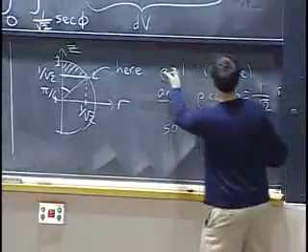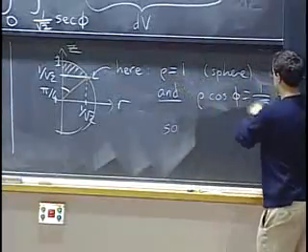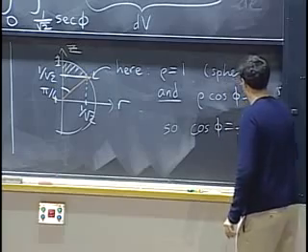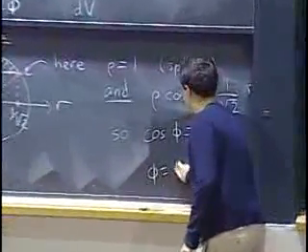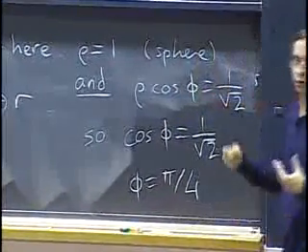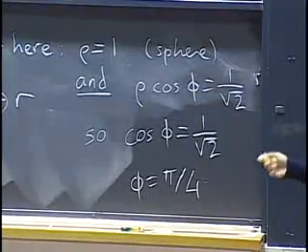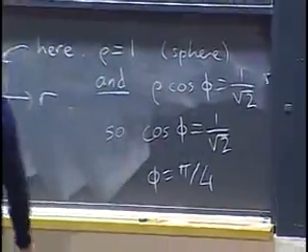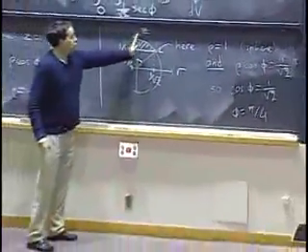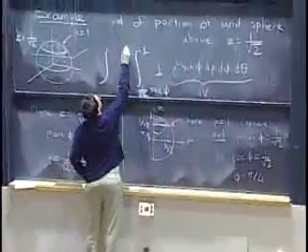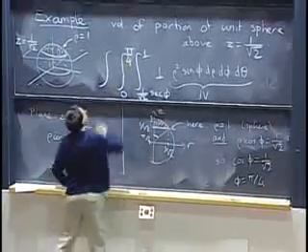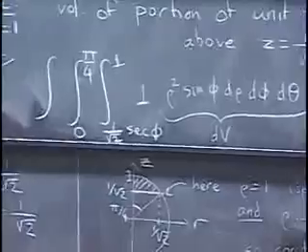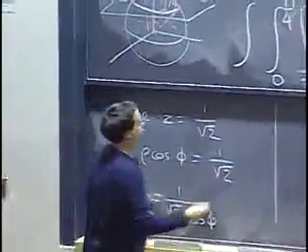So if you plug rho equals 1 into here, you get cos phi equals 1/√2, which gives you phi equals pi/4. That's the other way to do it. You can do it either by calculation or by looking at the picture. Okay? So either way, we've decided that phi goes from 0 to pi/4. Finally, what about theta? Well, because we go all around the z-axis, we're going to go just 0 to 2 pi.